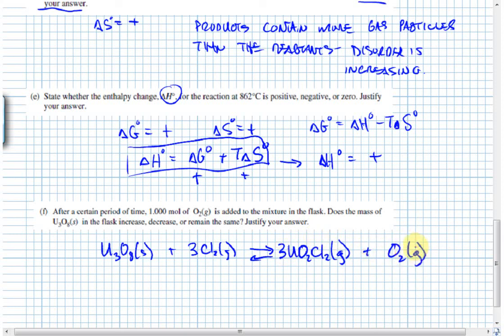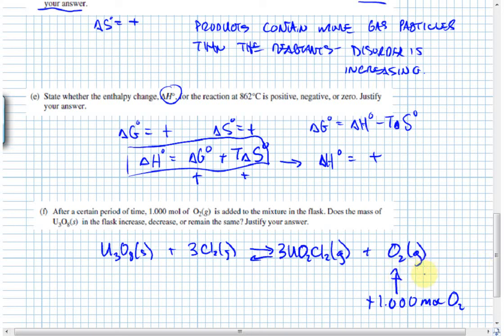We knock the system out of equilibrium by adding a mole of O2. So we imagine we have some kind of a device on the container that allows us to add a mole of O2. Should be pretty obvious what's going to happen to the equilibrium.